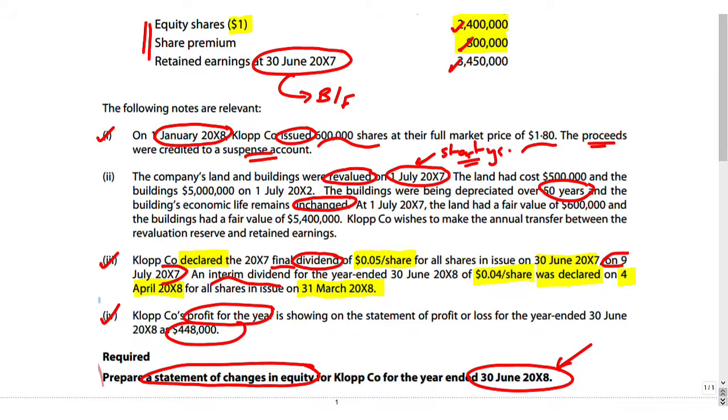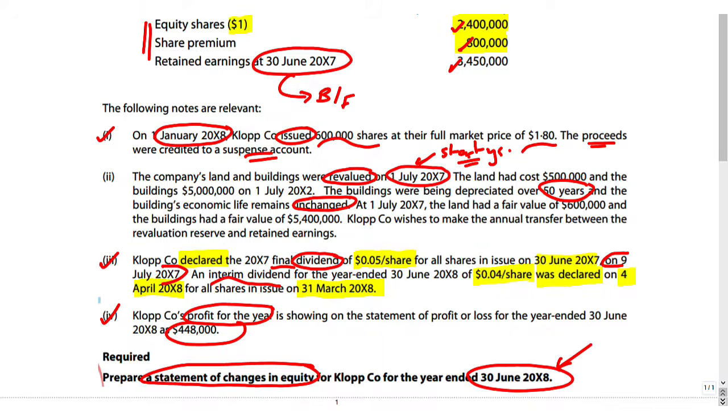That's 5 years. So 5 years have gone, 50 original years, it's now 45 years, isn't it? So the remaining life is 45. We're told at July X7 the land had a fair value of 600,000, the buildings 4 million, and Klopp wishes to make the annual transfer between the revaluation reserve and retained earnings.